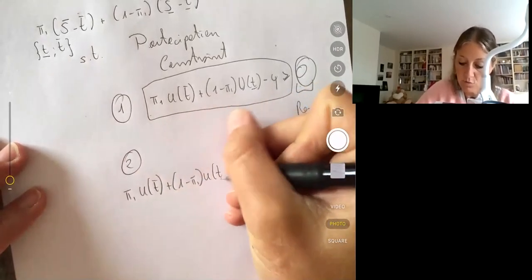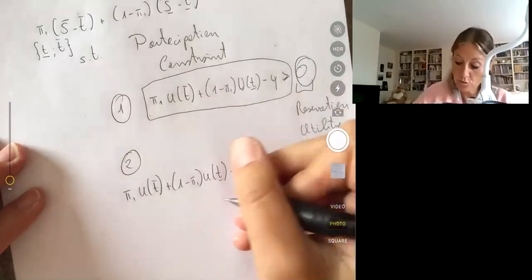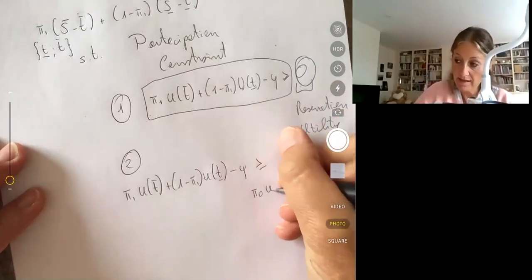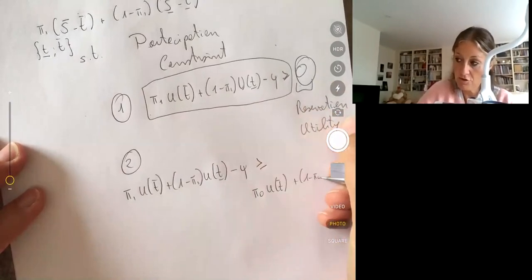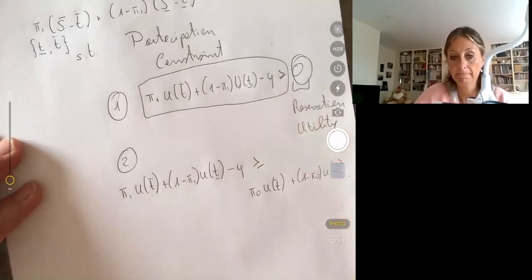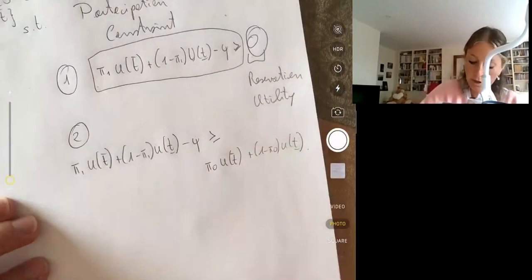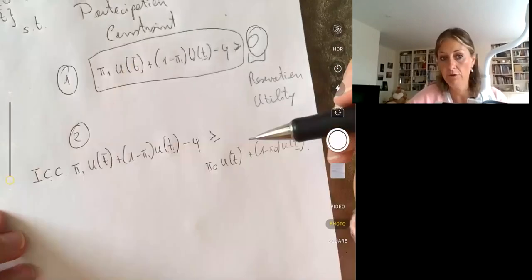Why? Because as we said last week, this is the way to ensure that the performance that he is going to obtain is actually the highest one. And we call this the incentive compatibility constraint, if you recall.